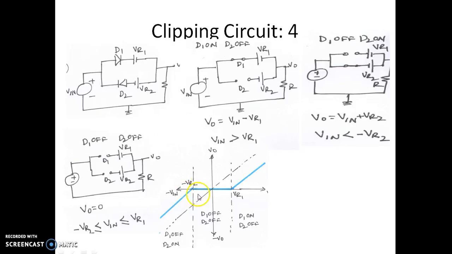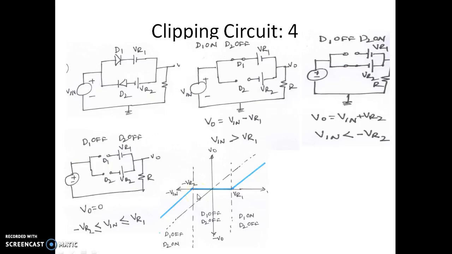That is evident here. When the input voltage is less than minus VR2, the output blue line is above the dotted line by VR2. But for input voltage between VR1 and minus VR2, both diodes are off. As we can see here, D1 and D2 both are off. The corresponding output voltage is 0. As we can see now, the output voltage is 0 here.